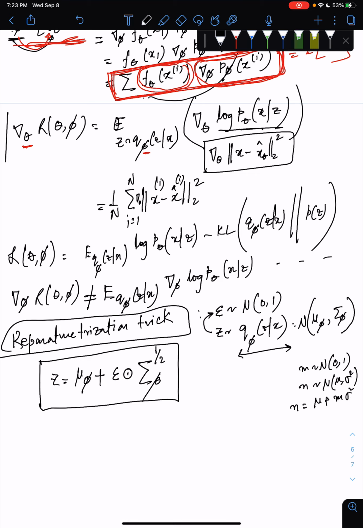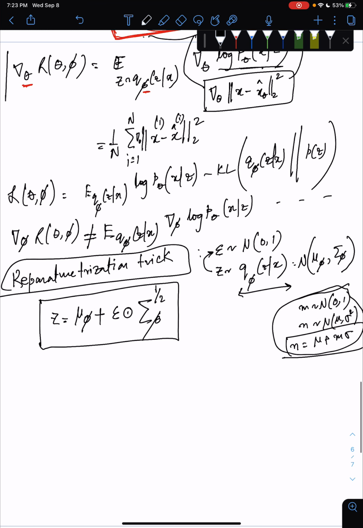So we can scale and do an affine transformation. This is also called an affine transformation of a Gaussian distribution. This is not sigma squared, this is also sigma, so mu plus sigma times m. This is what we can do.